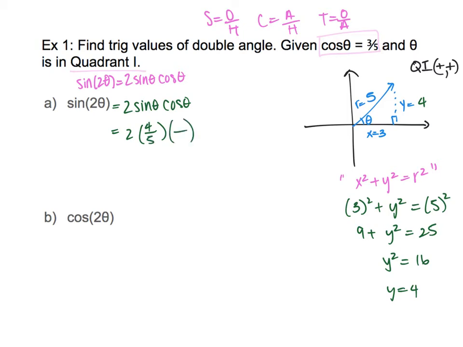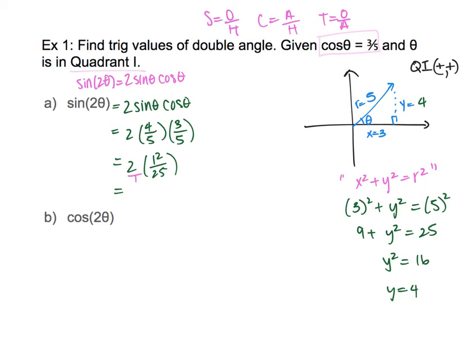And then our cosine, well, they actually gave us cosine. It's 3 over 5. So 3 over 5. And so in this case here, all I need to do is simplify. So if I multiply these two fractions, 4 times 3 gives me a 12, and then the bottom here is 25. And if I multiply again, I have to multiply this 2 into the fraction, or I can always write this 2 over 1.